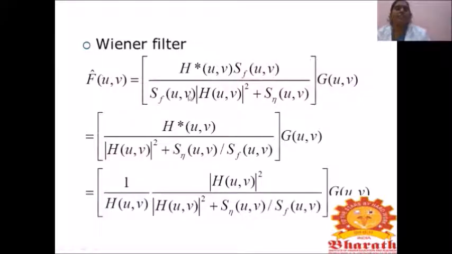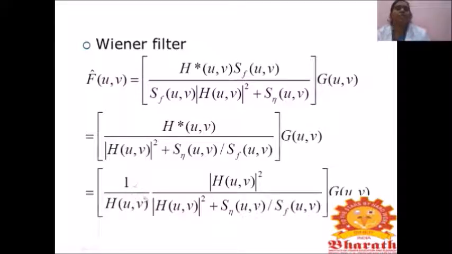Then we get H star of u comma v divided by mod H of u comma v whole square plus S eta of u comma v divided by S F of u comma v. This is multiplied by G of u comma v, the degraded image. Here we have to take out H of u comma v.